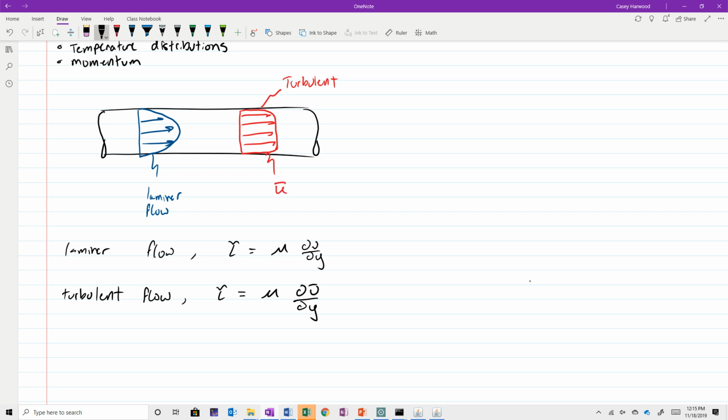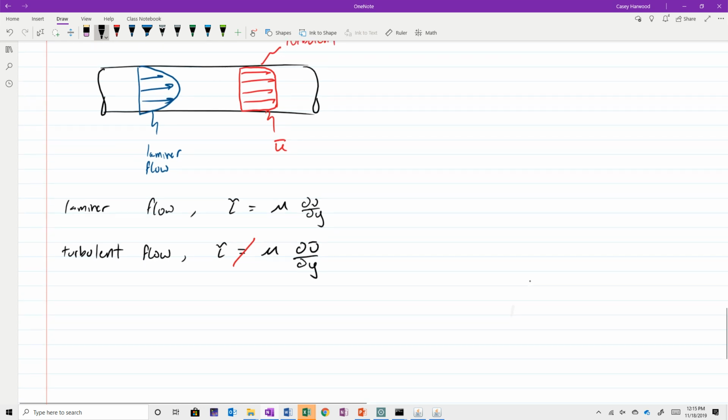But that isn't the case, because it ignores the turbulent mixing that goes on that is spreading out momentum. So the mechanism of shear stress is a little bit different in turbulent flow.